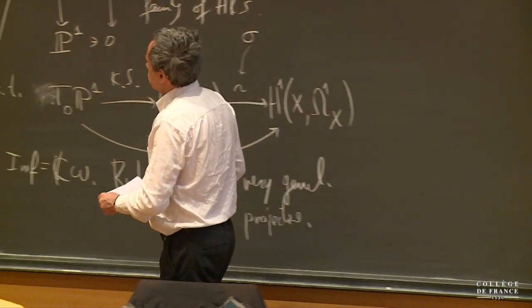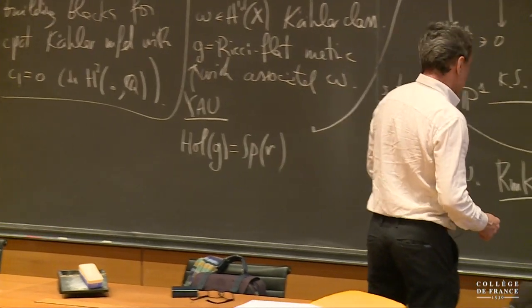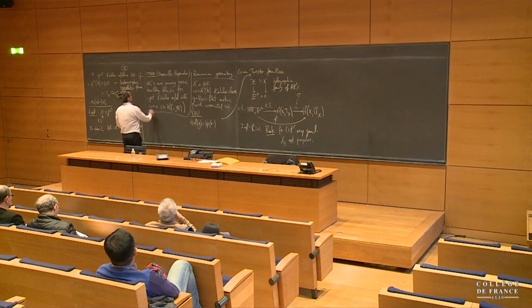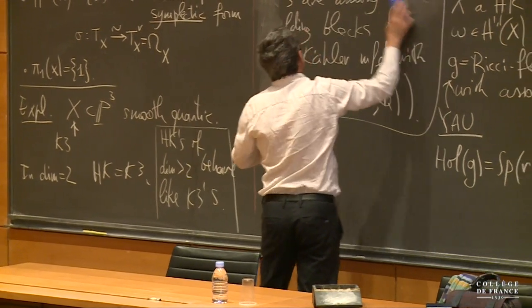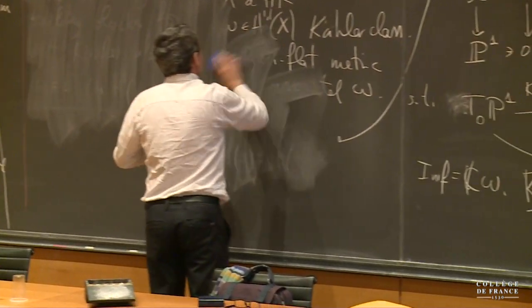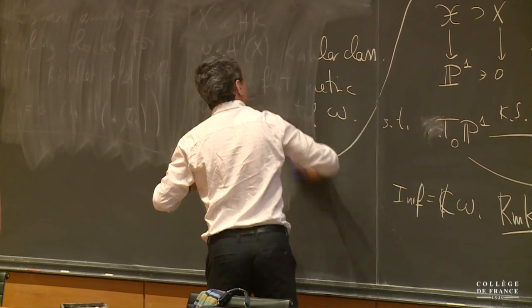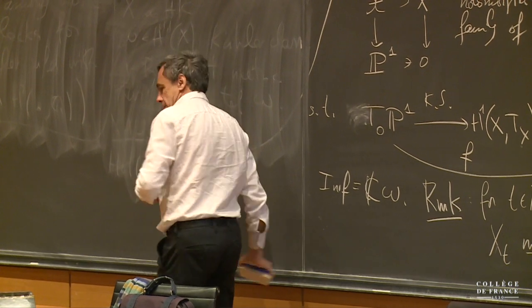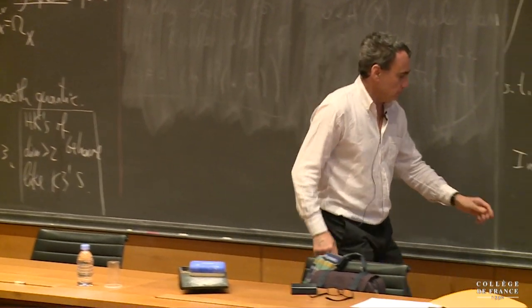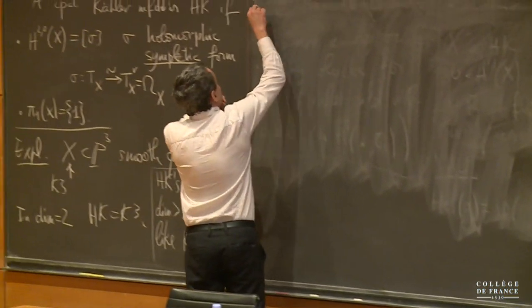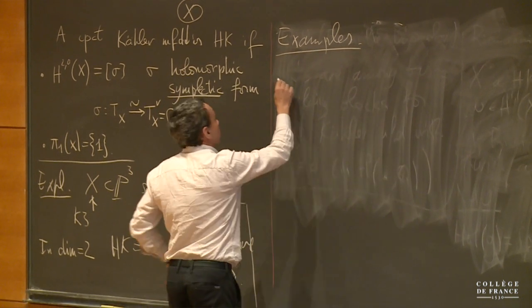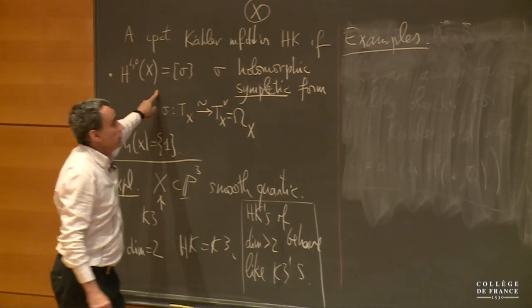Now let's look at examples. The complex dimension is of course even, so we start with 2.